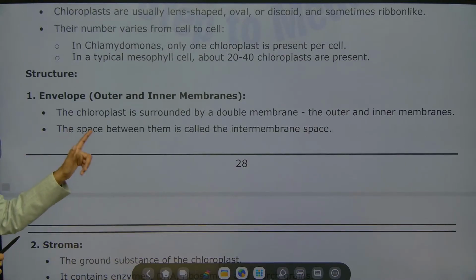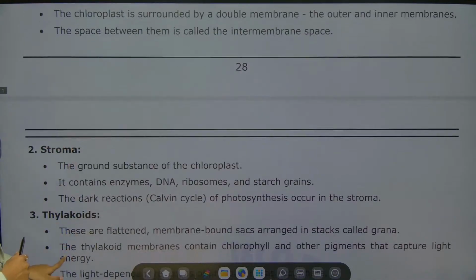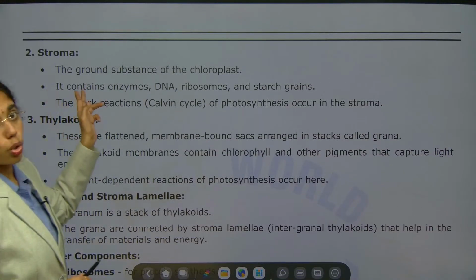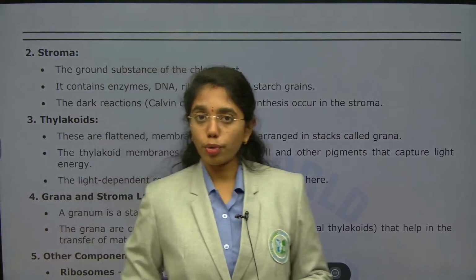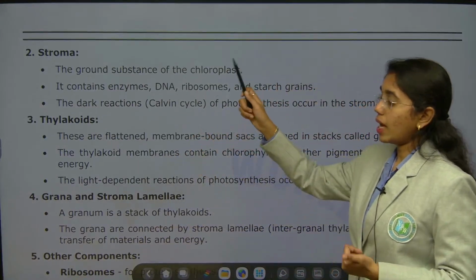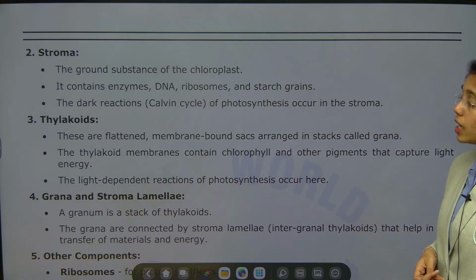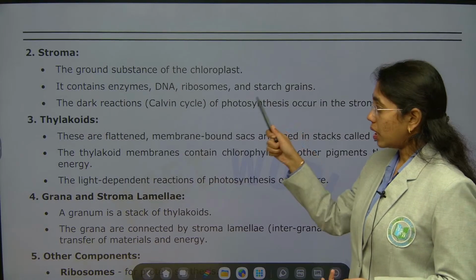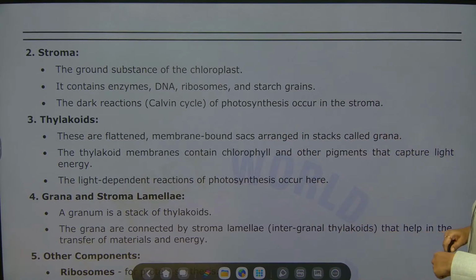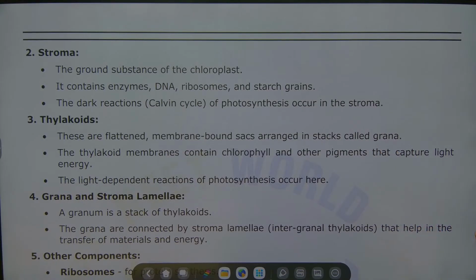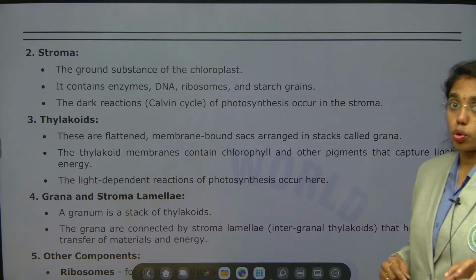Structure: outer membrane and inner membrane, and elaborate about periplastidial space, followed by stroma, which is the matrix of the chloroplast. It consists of enzymes, DNA, ribosomes and starch granules. The dark reactions, that is the Calvin cycle of photosynthesis, will occur inside the stroma itself.